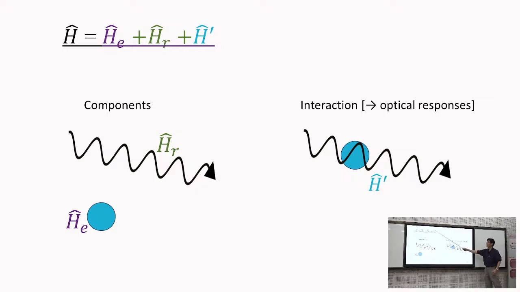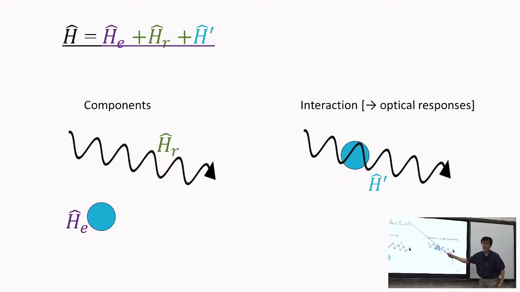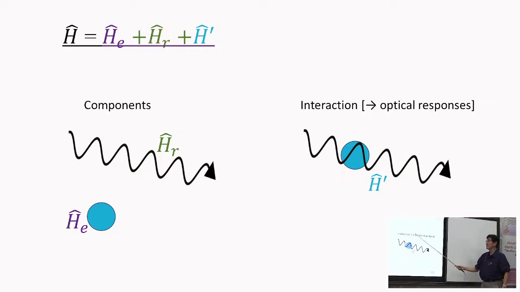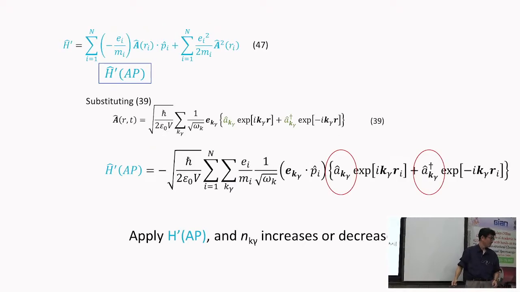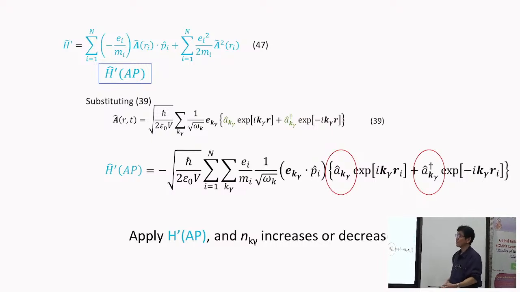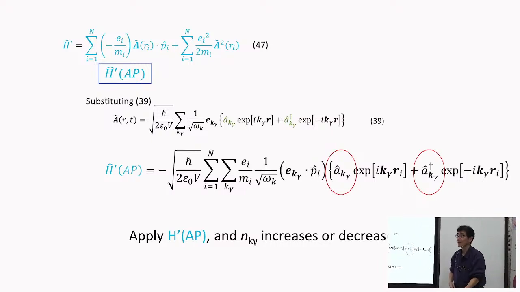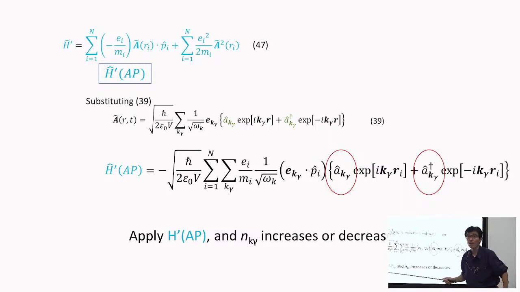Where there is a radiation and a molecule, there are the Hamiltonians H_R and H_E. When the interaction occurs, we need to consider H prime as an additional term. This is smaller than H_E plus H_R, so this is treated as a perturbation, and we formulate optical responses.